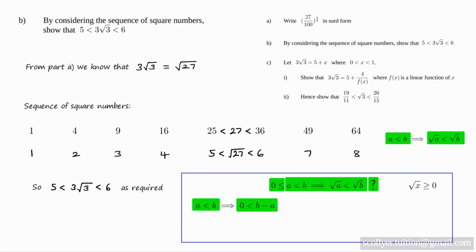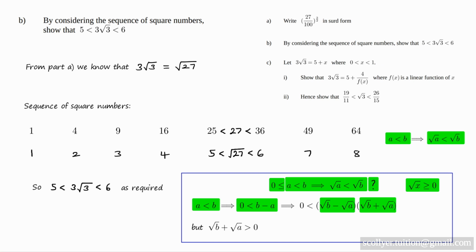Now at this point we want to introduce some square-rooted quantities, and we do that by decomposing b minus a using the difference of two squares identity, which produces 0 is less than (√b minus √a) times (√b plus √a). And now we note that √b plus √a is greater than 0, because of course root x is greater than or equal to 0 for all values of x.